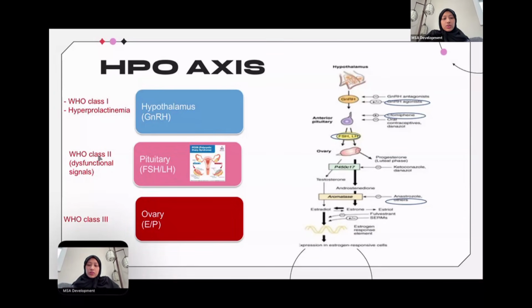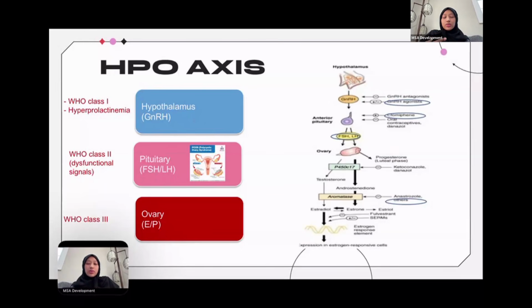What about class 2? Class 2 is not specific to the pituitary. It's just anything wrong with the system or anything wrong with the signaling. So that's why we call this functional signals, as we will know later. The most common cause for this dysfunctional signal is PCOS, which is polycystic ovarian syndrome. It's basically a condition where the ovaries are full of cysts.